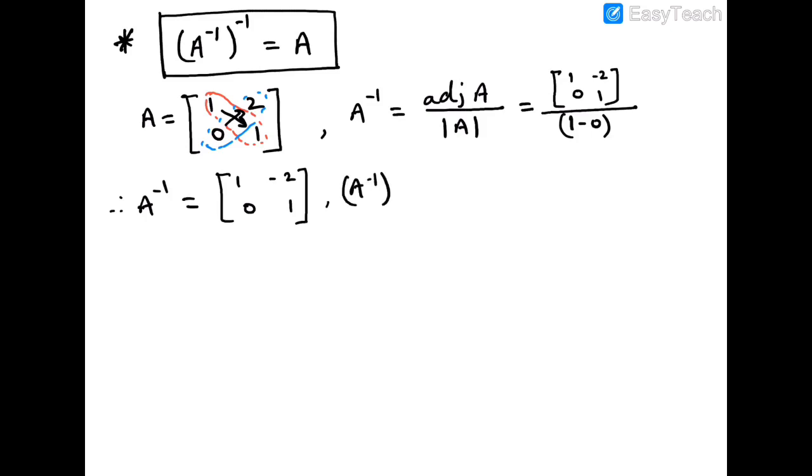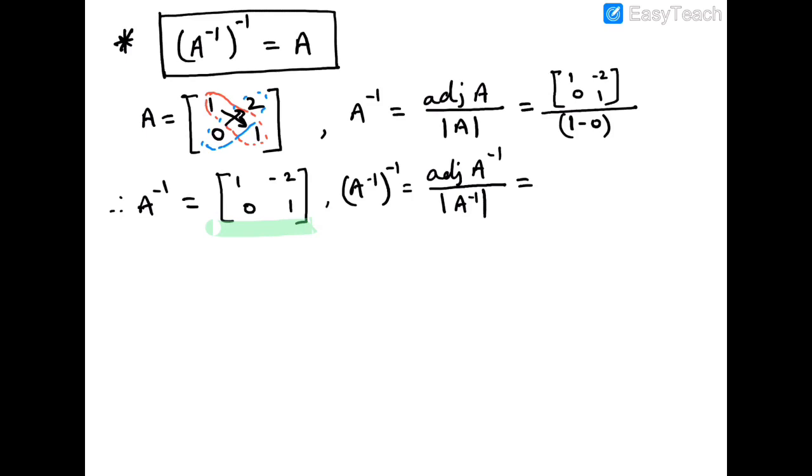Now let's take inverse of this matrix, which will be adjoint of A inverse divided by determinant of A inverse.